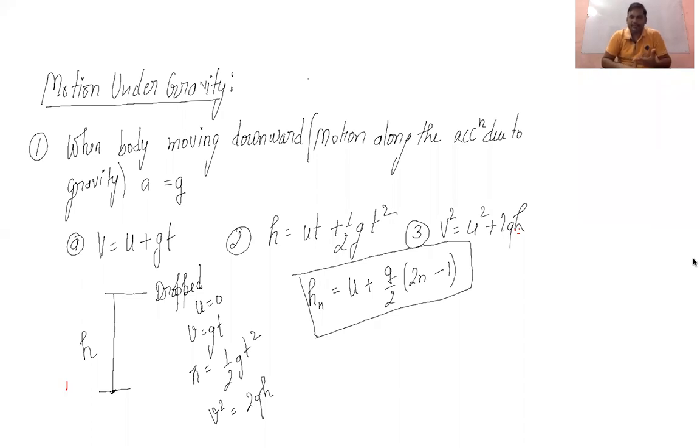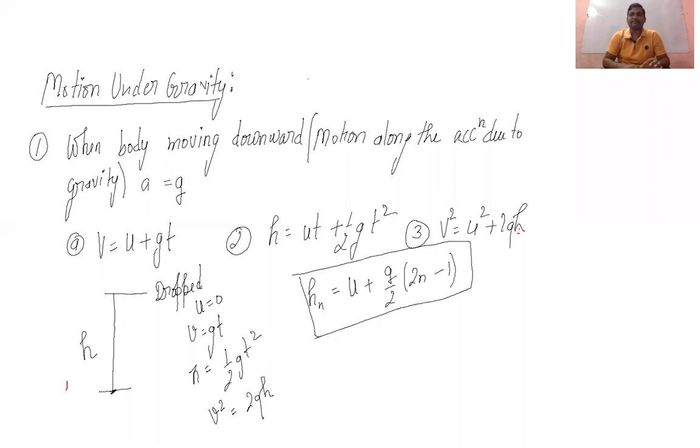You can remember one thing. If anyone asks you where you are going to use this equation of motion, you use it under gravity, when the acceleration due to gravity is constant. Where can you use these equations of motion, v is equal to u plus at, s is equal to ut plus half at square, v square is equal to u square plus 2as? They can also be used for horizontal motion when the acceleration is constant.